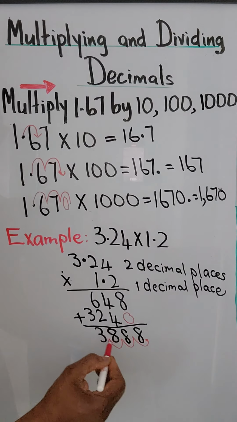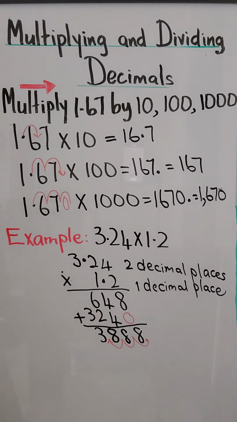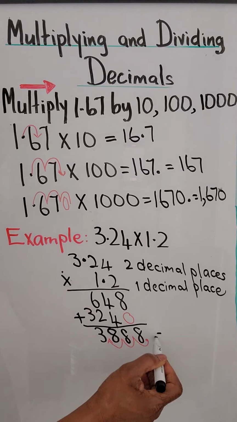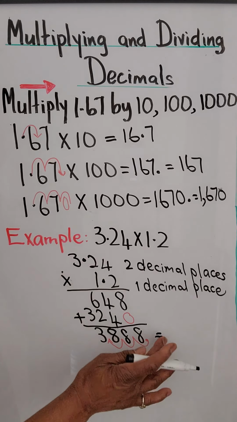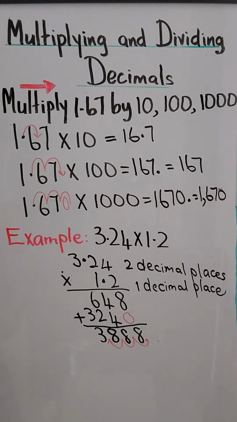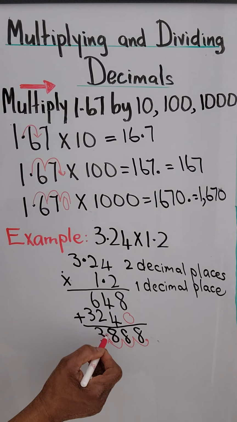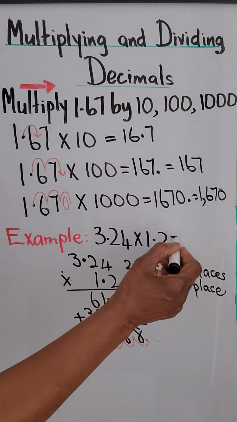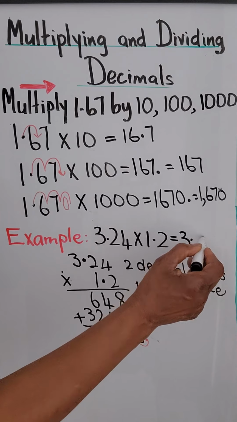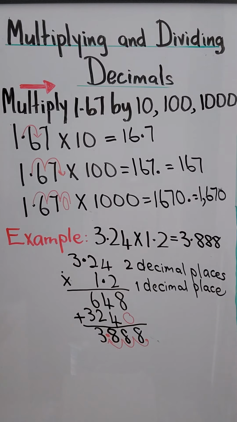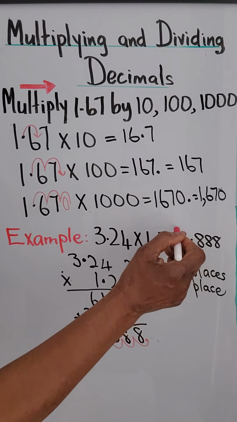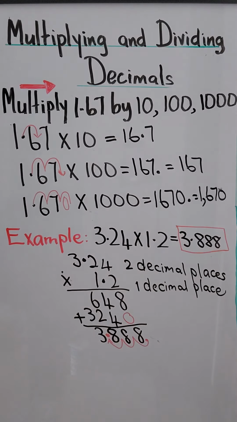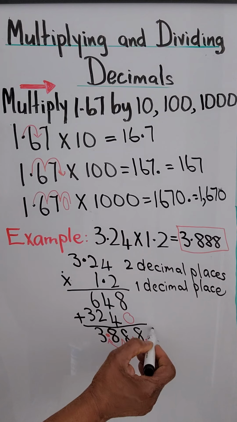So our decimal point is right here. Therefore, 3.24 times 1.2 is equal to 3.888. So our answer has 3 decimal places.